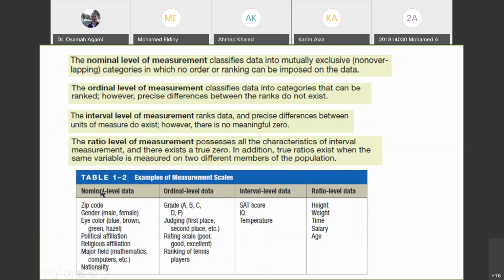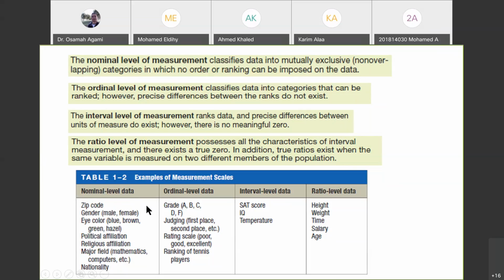For the qualitative data, we have the nominal level of measurement, like zip code or gender or eye colors, or political affiliation or religious affiliation or major field or nationality. All of these are nominal. You cannot describe it by number, but you can make a code for this one as a number, but it is still nominal data, right?